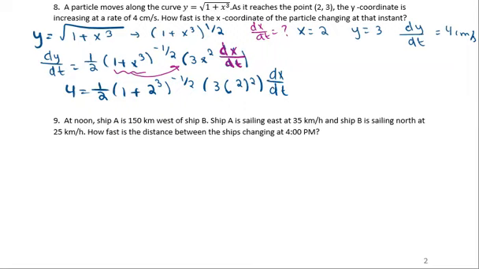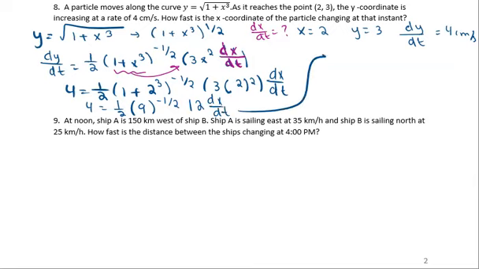So let's look at what we have here. We have 4, we have 1/2, we have 8 plus 1 is 9. Excuse me, we have the square root of 9, and the negative power, so that's going to be 1 over. And then we have 2 squared is 4 times 3 is 12, and then dx/dt.